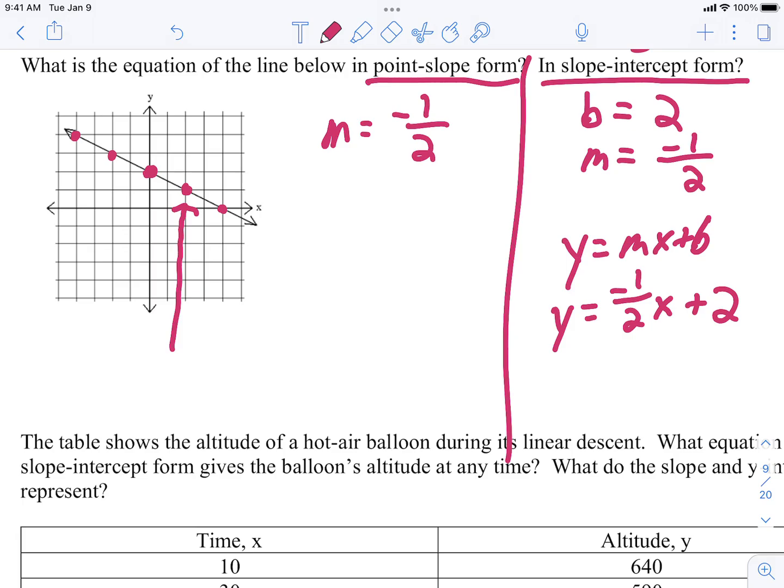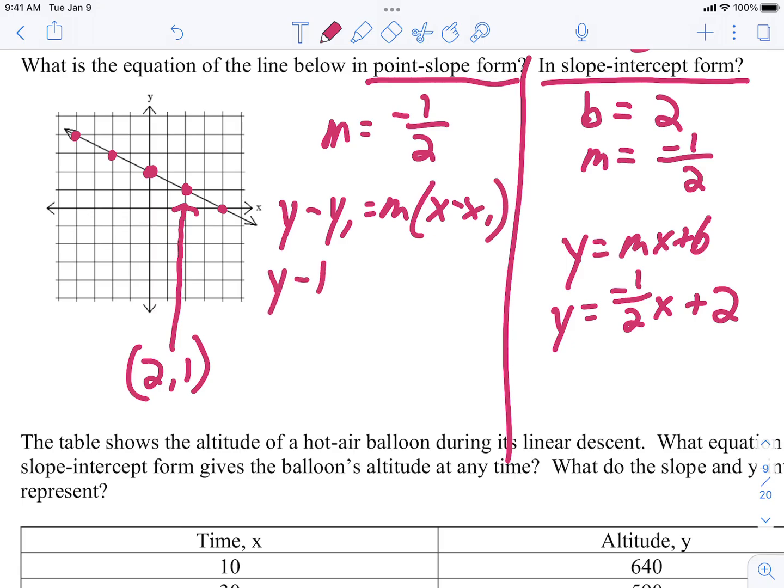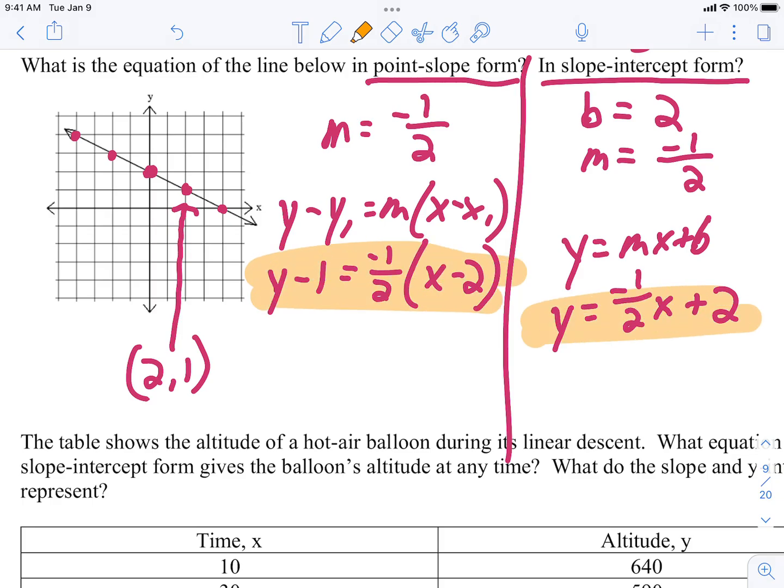That point is what? 2, 1. So I have a point and I have a slope. I'm now going to plug it into my point slope formula. Y minus y1 equals my m x minus x1. And those are my answers. Those are my equations in point slope and slope intercept.